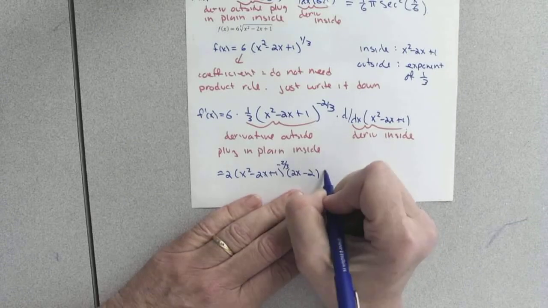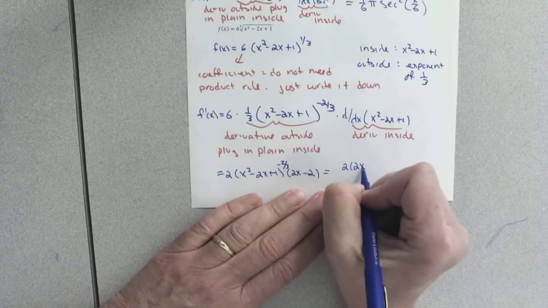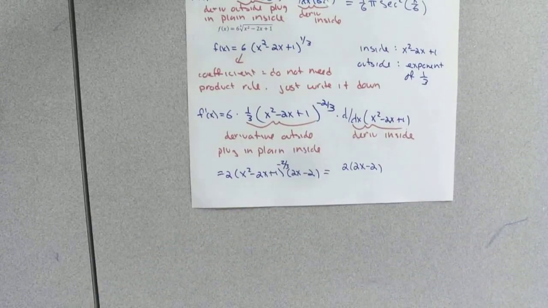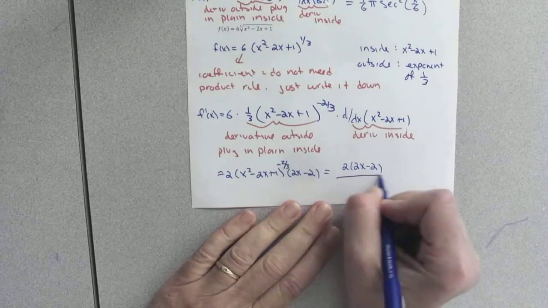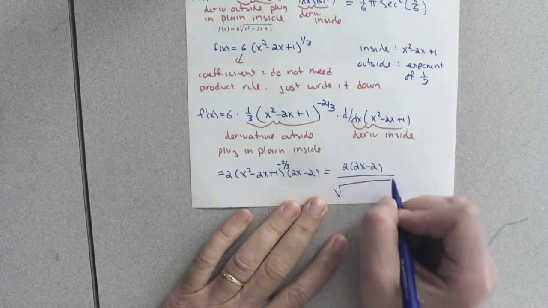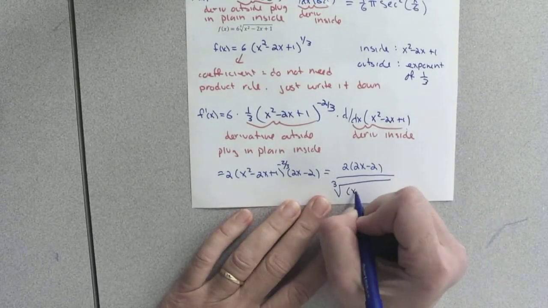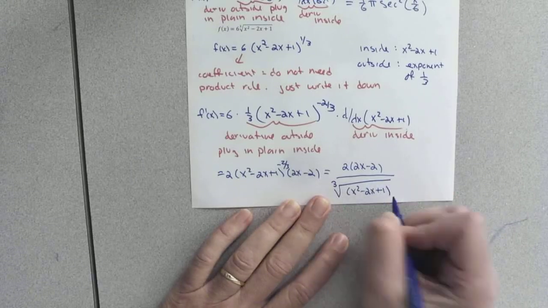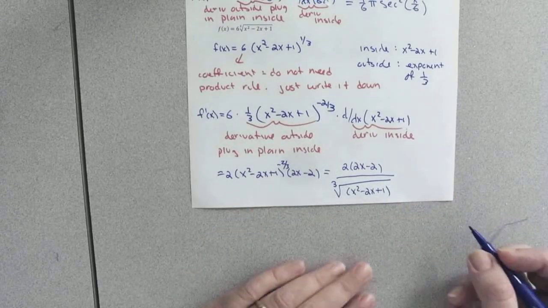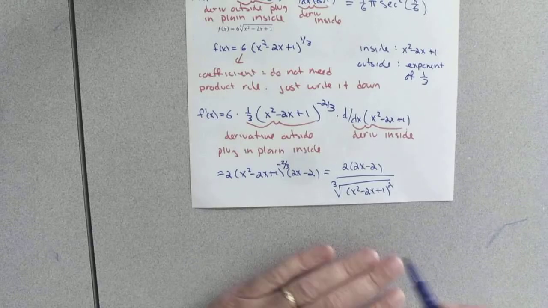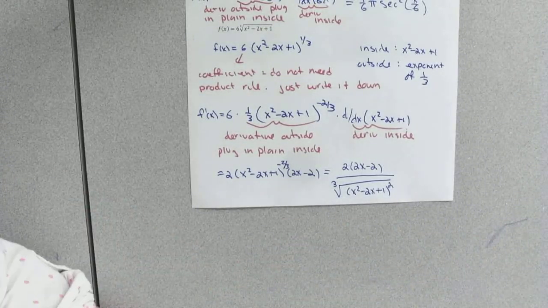And then if you wanted to make it look a little prettier, since the original problem was in radical format, we'll return the answer to a radical format. I need positive exponents for that, so I drop that exponent down. So it's going to go to the denominator, and then the 3 makes it a cube root, and the square does that to it. And then if you want to distribute that 2 in the numerator, you could, or not, I don't care.